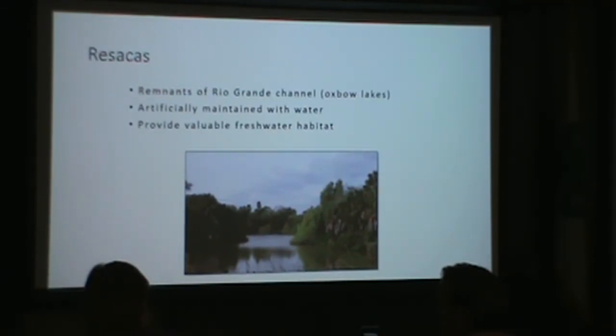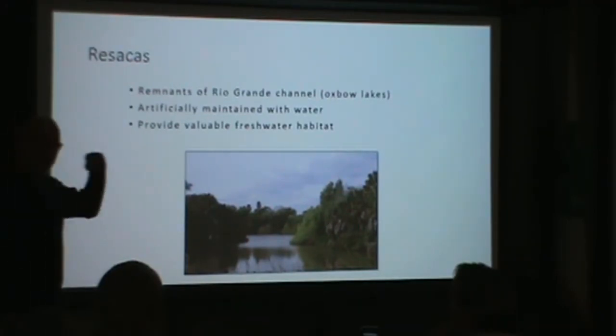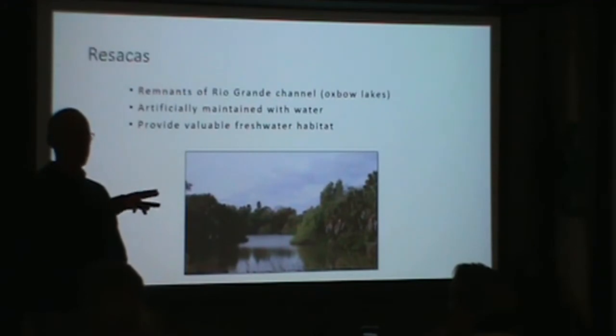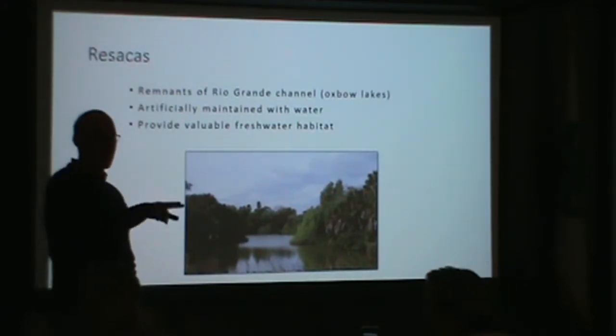So in the city, the resacas are maintained to have a visually appealing landscape, and also they are used as water reservoirs, and to control flooding when there is a lot of rain. And in the countryside, they are really used as reservoirs for irrigation water. So they are maintained filled with water. So those are artificial wetlands now.